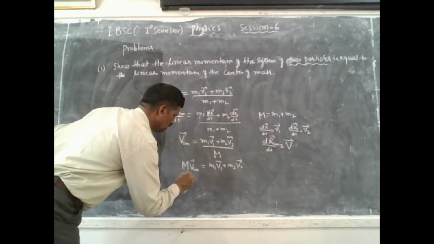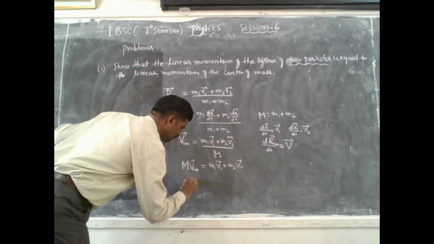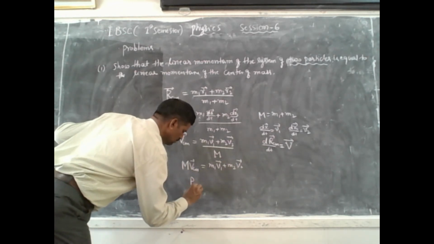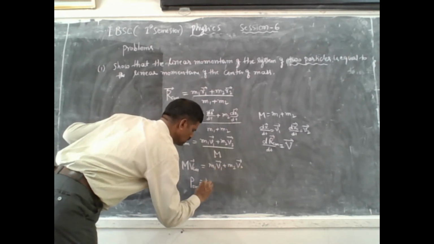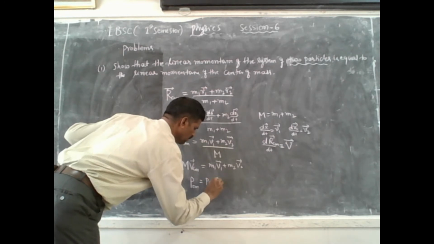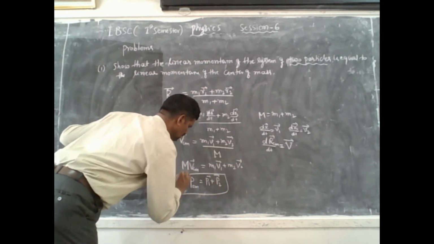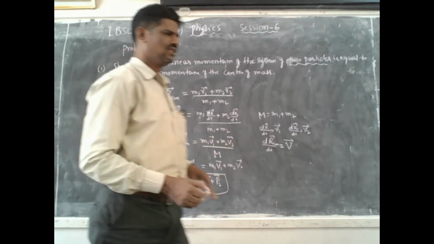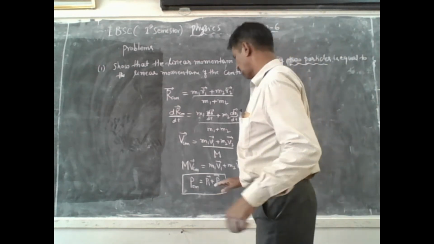Now M V is equal to the momentum of the center of mass, P_CM, which equals p1 plus p2. So the total linear momentum of the center of mass is equal to the sum of the momenta of the individual particles.